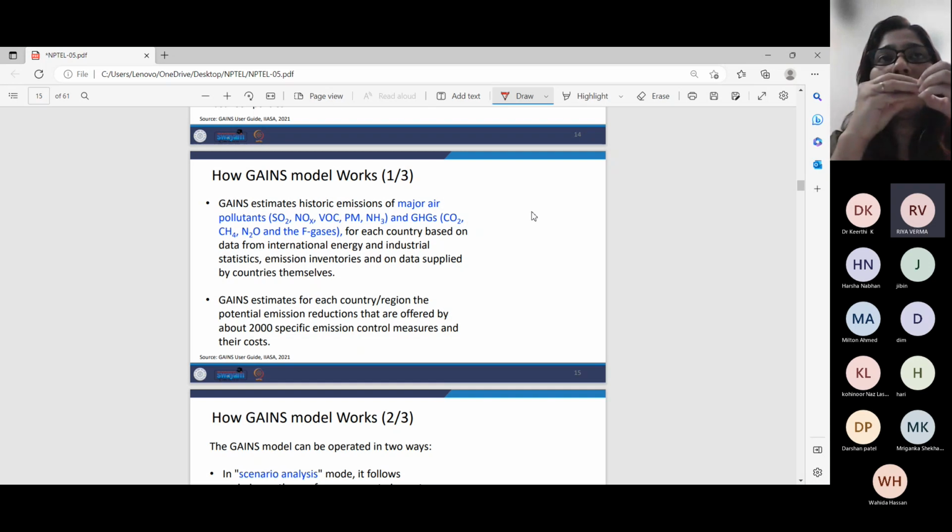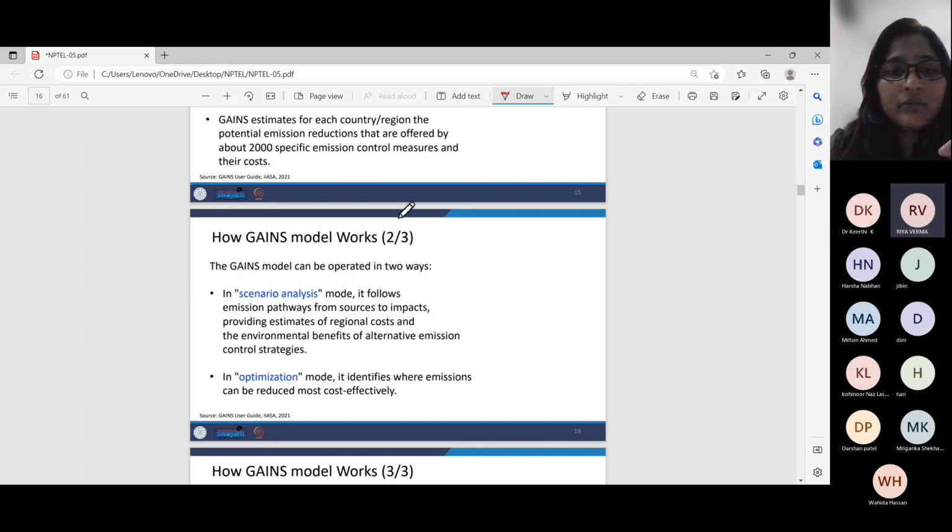So it gives us an overall idea about what kind of emission control measures we can take, and how much cost will be incurred if we take those measures. So this is the kind of model that we have, and it can be operated in two ways. First is your scenario analysis mode, and next one is your optimization mode.